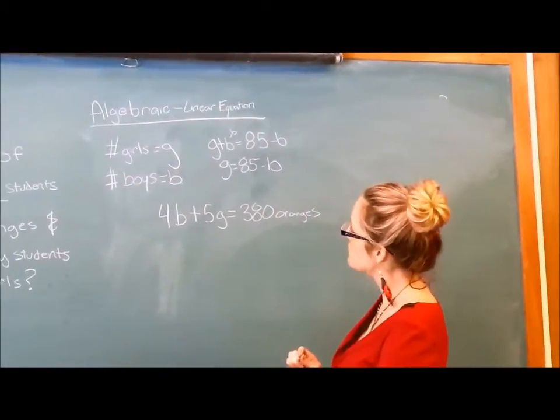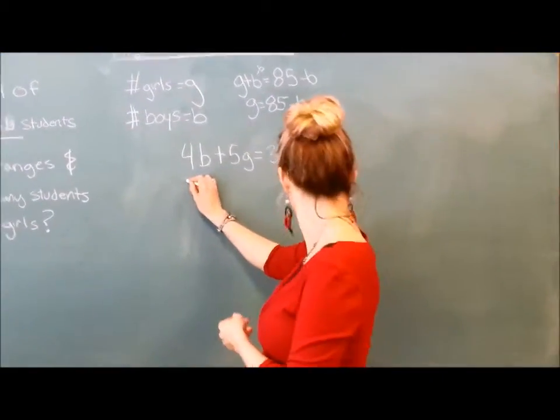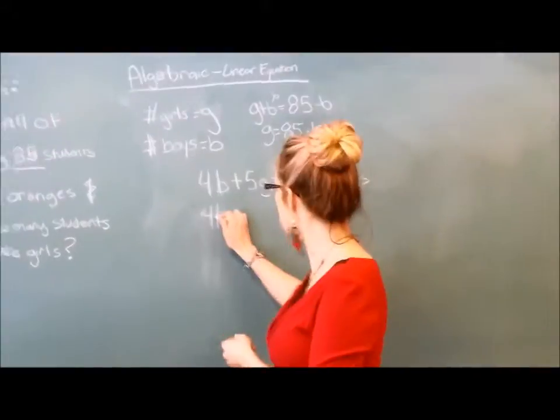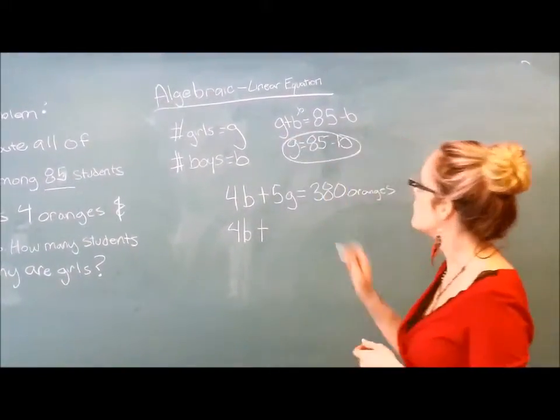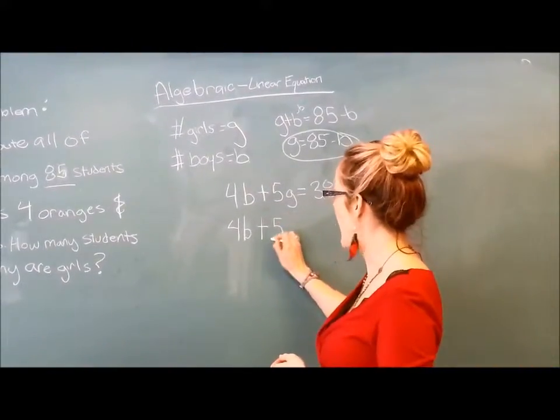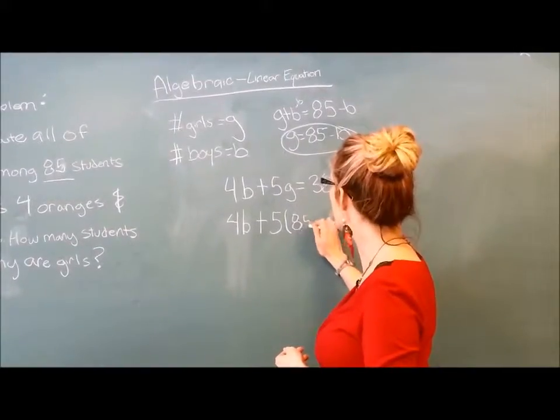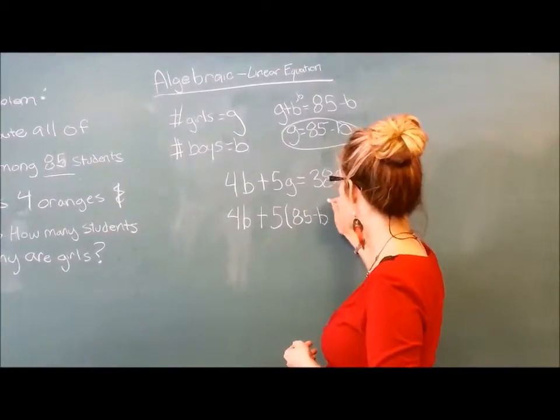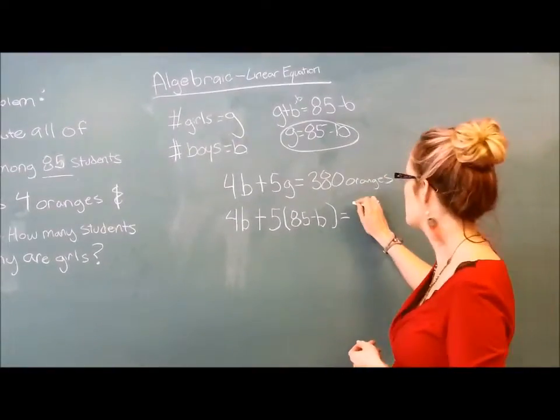Now 4B plus, and what was G? We said G was now 85 minus B. So now we're going to have 5 times (85 minus B) equals, still equals 380.